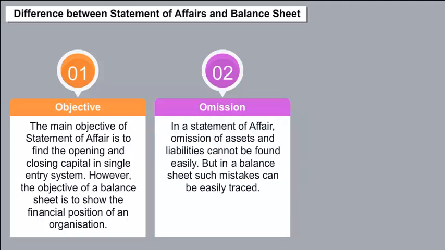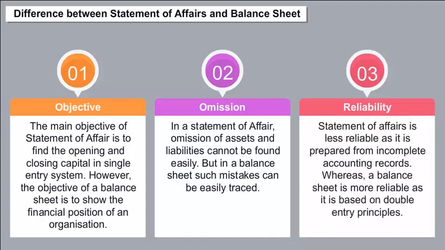In a statement of affairs, omission of assets and liabilities cannot be found easily, but in a balance sheet, such mistakes can be easily traced. 3. Reliability. Statement of affairs is less reliable as it is prepared from incomplete accounting records, whereas a balance sheet is more reliable as it is based on double entry principles.